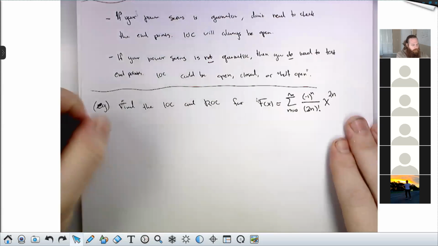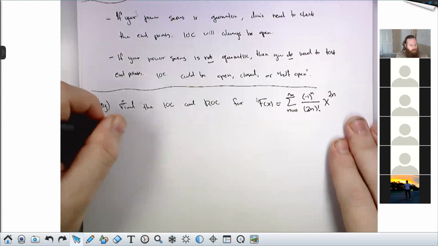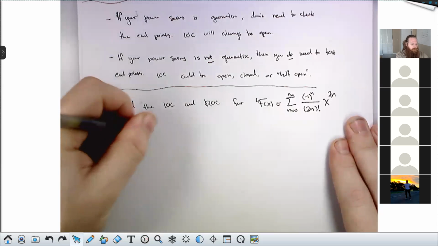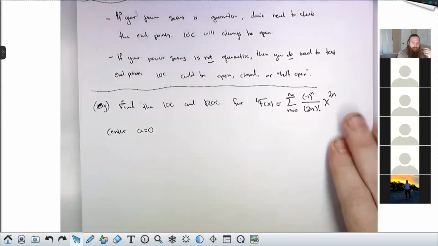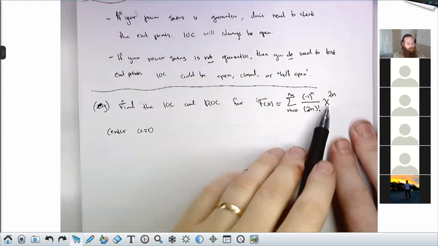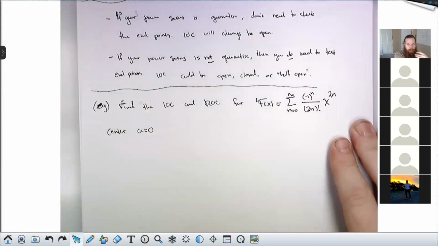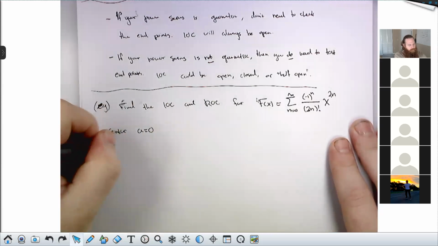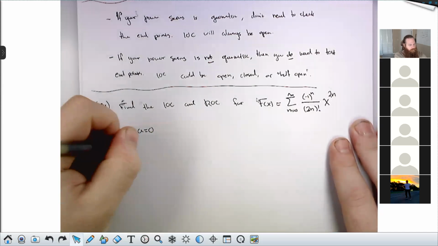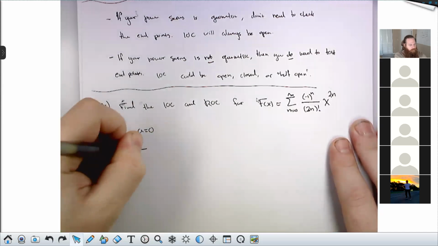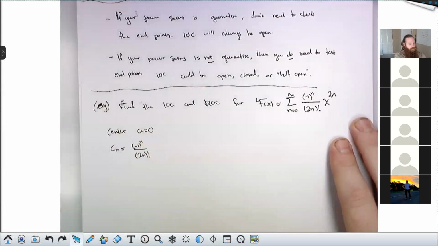So the center here is again 0. Right, because x to the 2n is x minus 0 to the 2n. And the coefficients, the cn's here, are -1 to the n over 2n factorial, thereabouts.